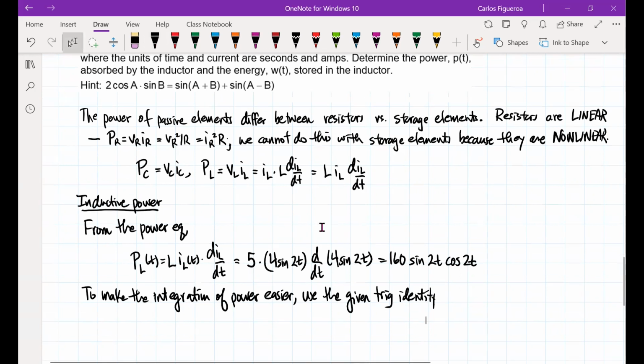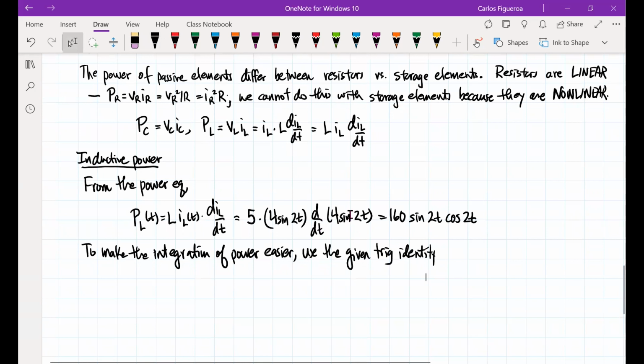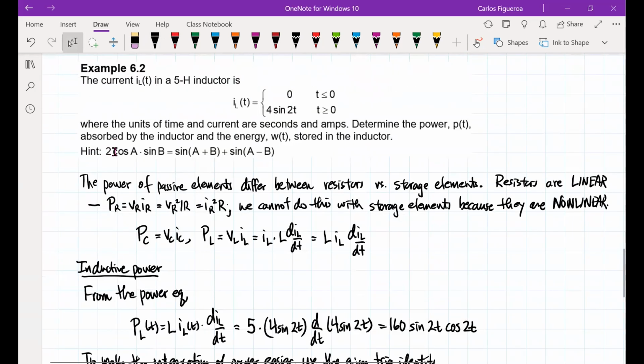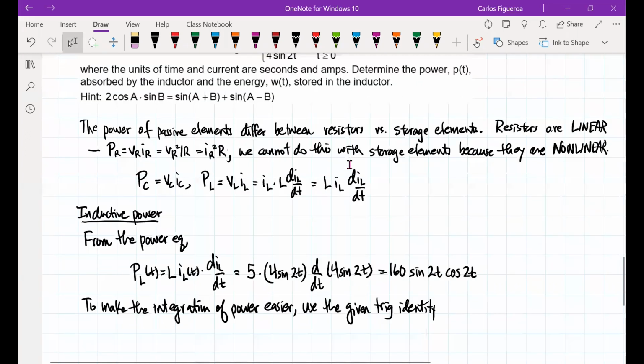If you look at the trig identity, you can see that it's 2 cos A sin B, and then I'm going to get the two sine functions where I add and subtract the arguments. So here I go. I'm going to pull out a 2. So here's the power of the inductor.